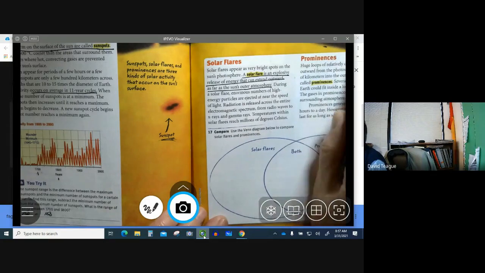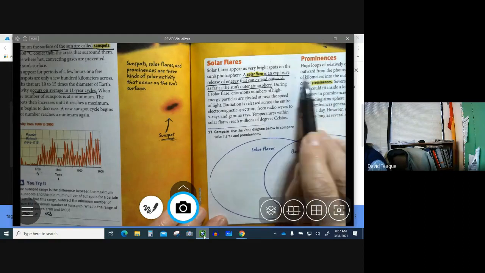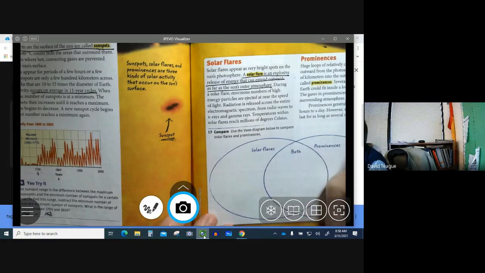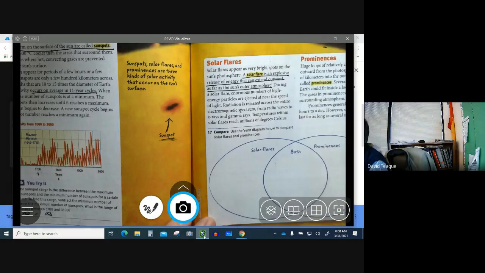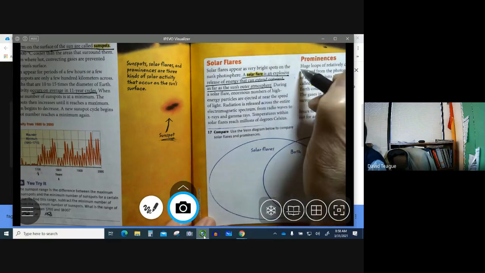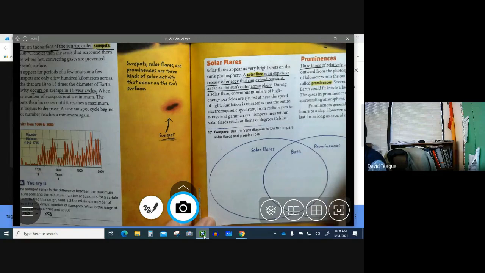Prominences, this is a prominence. Huge loops of relatively cool gas that extend outward from the photosphere thousands of kilometers into the outer atmosphere are called prominences. Huge loops of relatively cool gas.